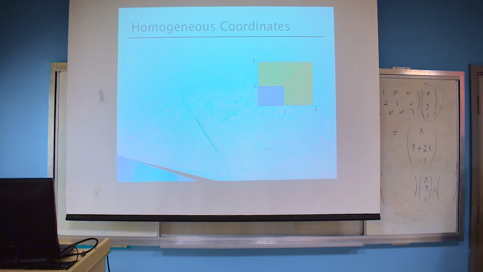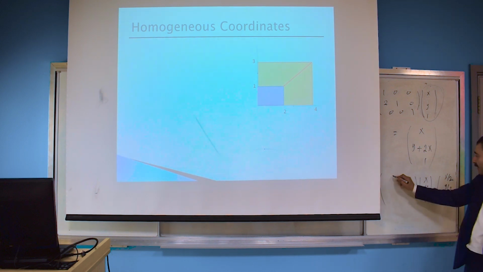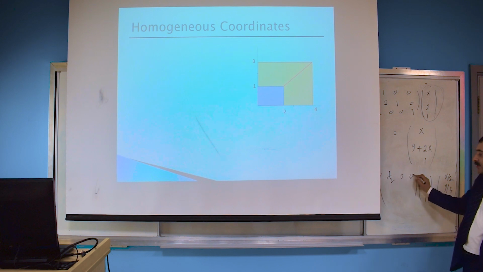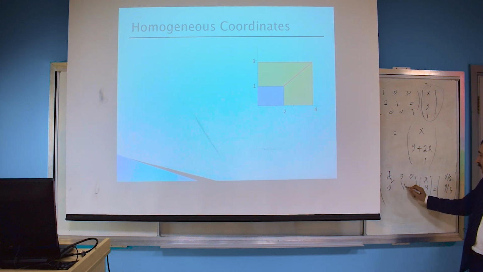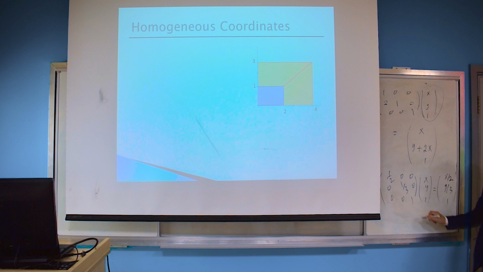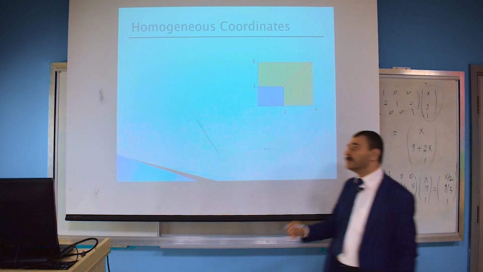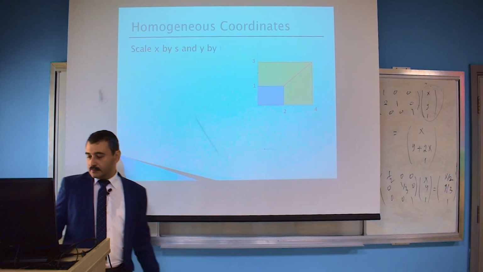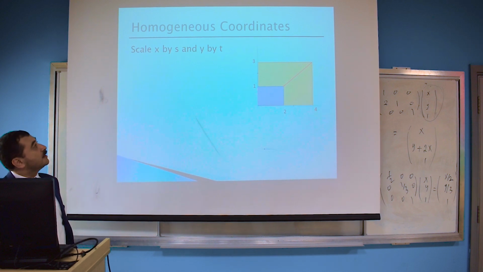Subtract means that you shift. You are not shifting. So x is scaled down by 2, and y by 3, right? So you'll have here 1/2, 0, 0, 0, 1/3, 0, 0, 0, 1. Right? So in general, scaling by s and t, you will find s and t on the diagonal.